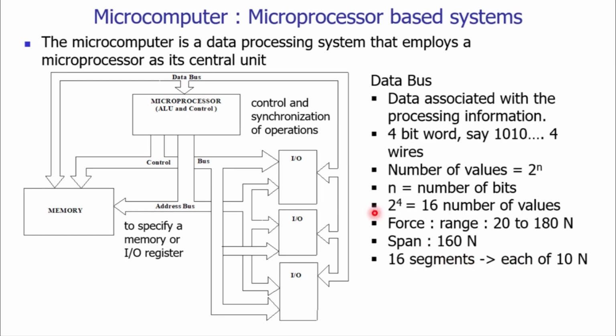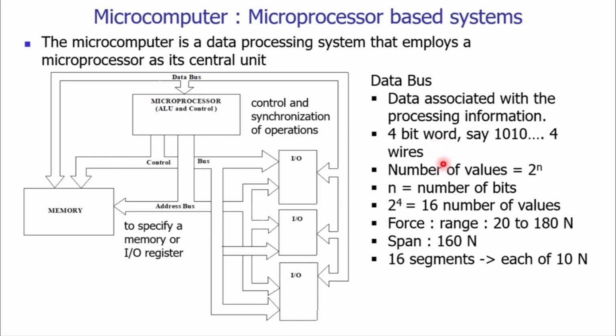There are basically 3 types of buses being used in a microprocessor or a microcomputer. The first type of bus is the data bus. The data bus is associated with processing of the information.